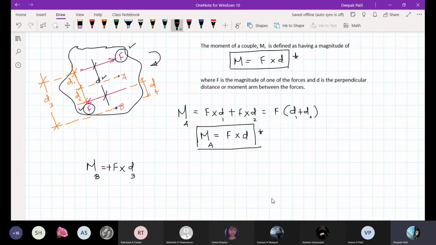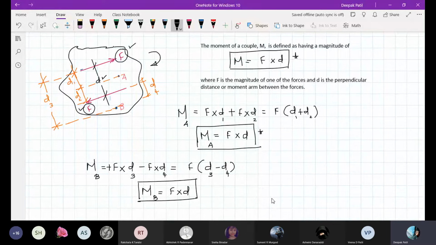Anti-clockwise, so I should write it as minus F times D4. I will take F common, so it is D3 minus D4. But what is D3 minus D4, students? It is D itself. So it is once again F times D.